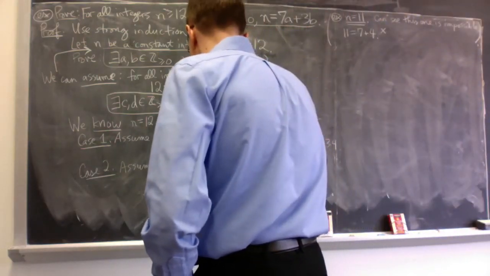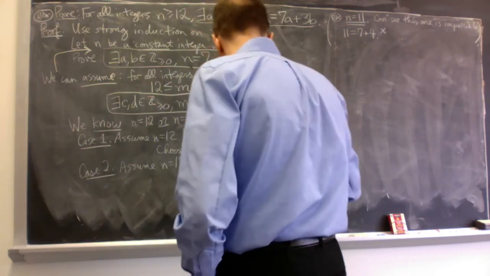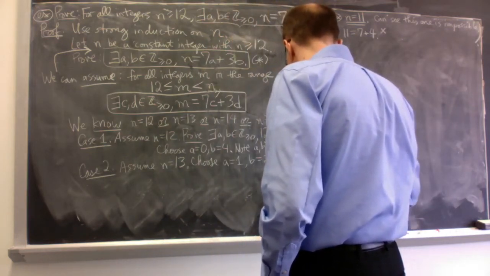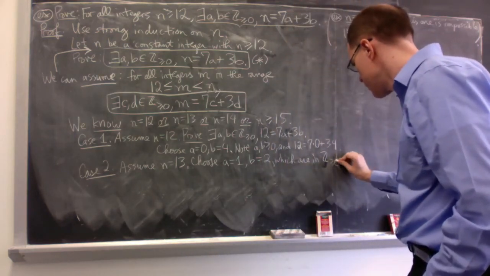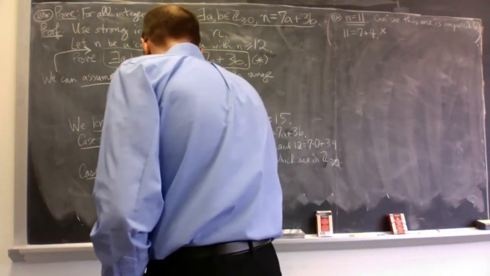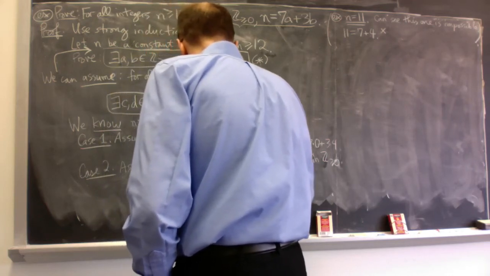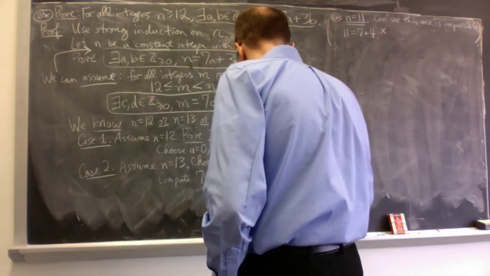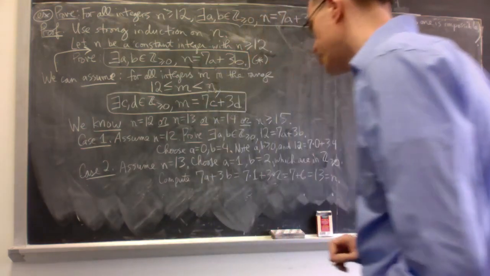So if we choose a equals 1 and b equals 2, which of course are in the universe that you're allowed to use, namely integers greater than or equal to 0, that's going to work. So compute 7a plus 3b: 7 times 1 plus 3 times 2, 7 plus 6 is 13, which is equal to n. So it works.